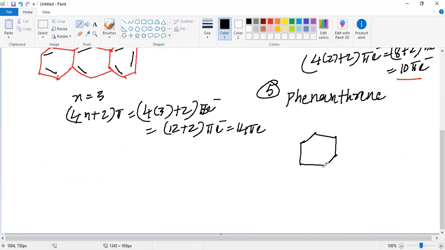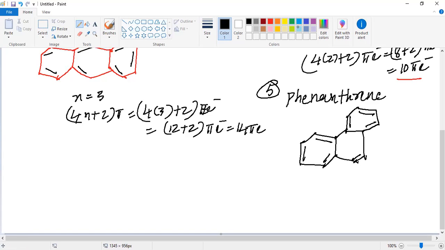This phenanthrene has also got three rings, my dear students, and it is having these three rings in this manner. So phenanthrene has also got pi bonds, and these pi bonds are available in the three rings in this manner.